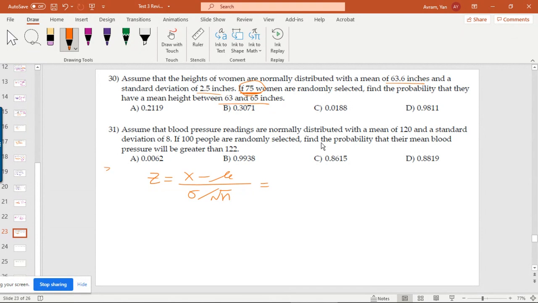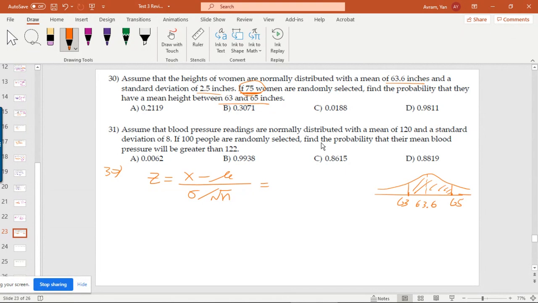Okay, and then for this one, you have a between. Between 63 is on the left, 65 is on the right, so it's finding a percentage in here.